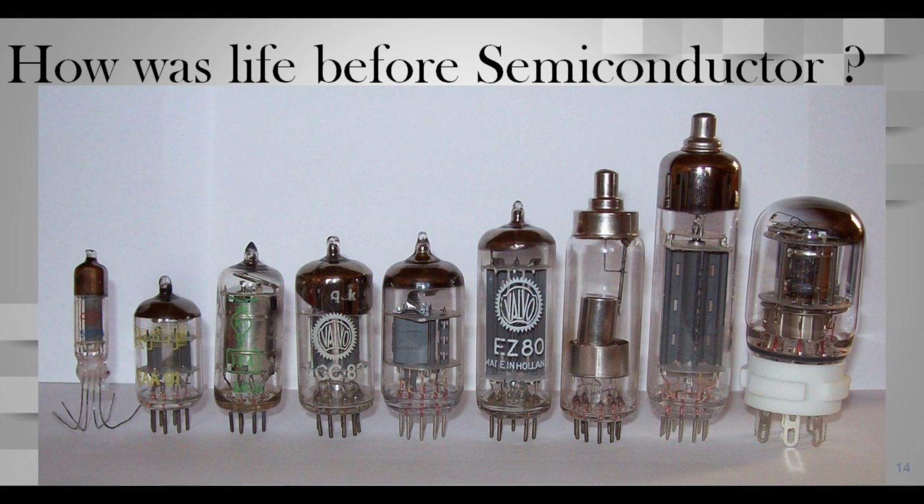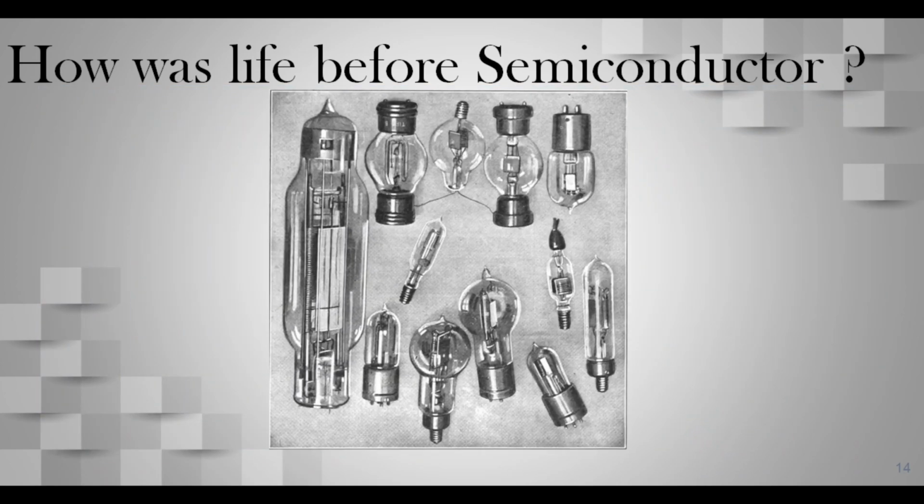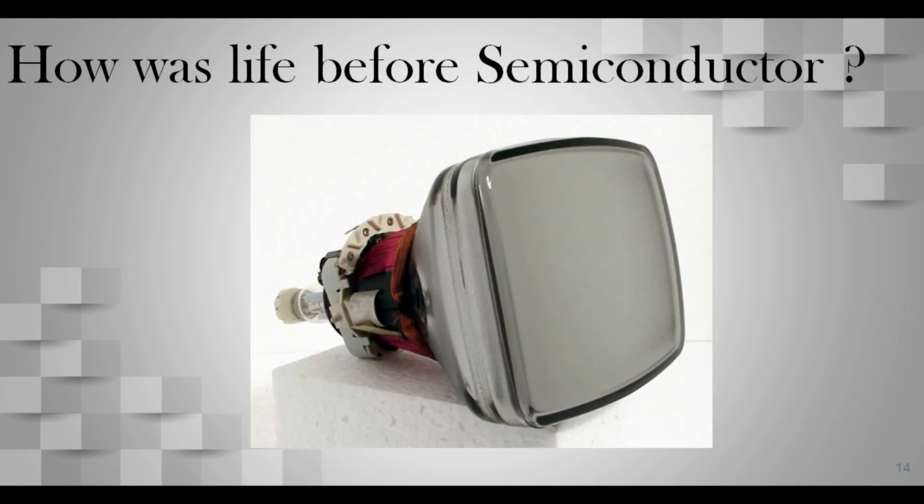There were large vacuum tubes and they used to do the functions of transistors. These were heavy and bulky. These tubes were used for earlier televisions also. If you might have seen in any old movie, there were black and white televisions with a large vacuum tube.